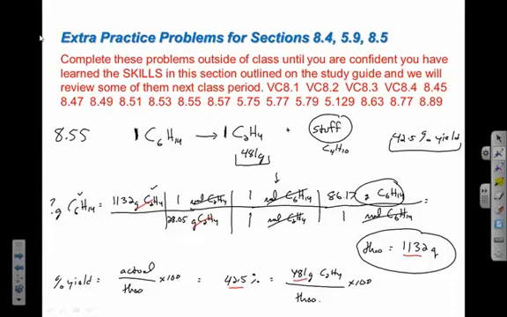So for my final answer, it's going to be 86.17 times 1132 divided by 28.05, and I get 3,477. But I remember from before I had only 3 sig figs, so I've got to round that to 3 sig figs, so it'll be 3.48 times 10 to the third grams.